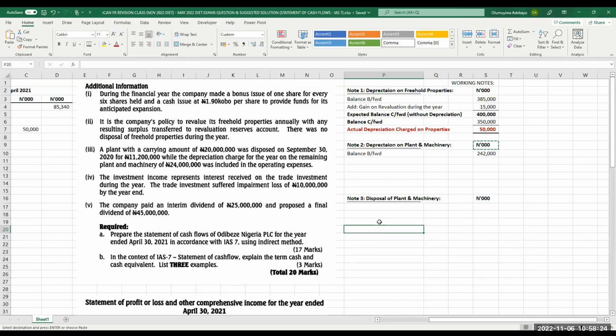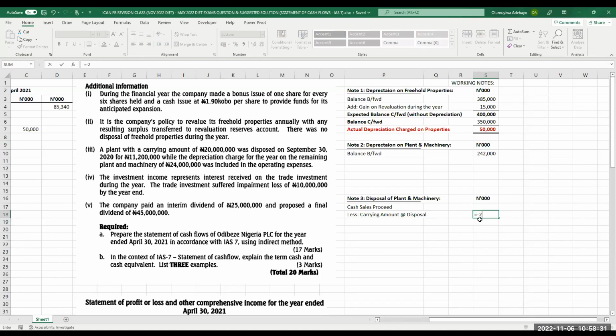The plant carrying amount was 20. Now, we're told that it was sold for how much? 11,200.